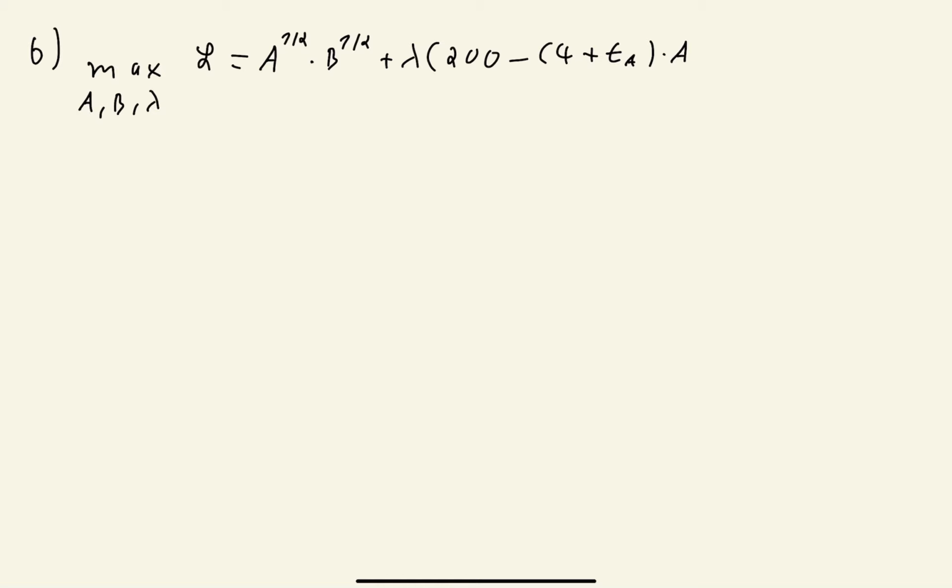So this times the amount of apples that we consume, minus 10 plus TB, so the tax on bananas that we have to pay for each unit of bananas that we consume.